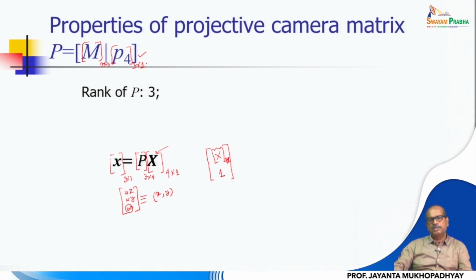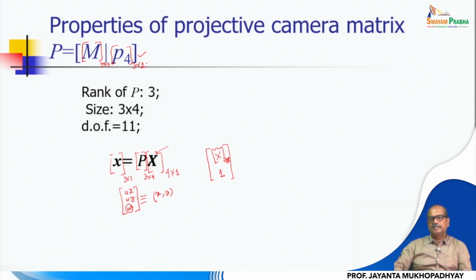So the rank of the projection matrix will be 3, and the size, as we discussed, is 3 cross 4, because it is transforming a three-dimensional scene point in a homogeneous coordinate system to an image point, once again in a homogeneous coordinate system. So you require a transformation from a 4 cross 1 column vector to a 3 cross 1 column vector, which means that the transformation matrix should be of dimension 3 cross 4 so that the dimensions match in the matrix multiplication.